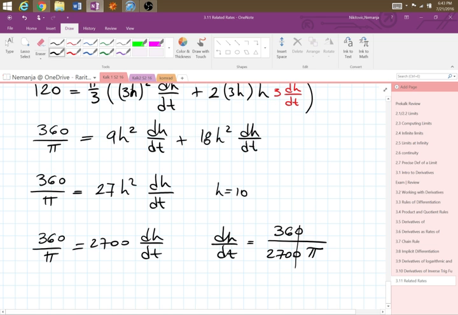Cancel zeros. 36 and 27 divide by 9, so we get a 4 and 30. And then they also divide by 2, so I get 2 over 15π feet per minute. π is about 3, so it's about 2 over 45.